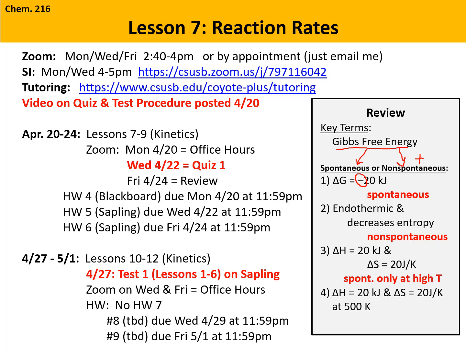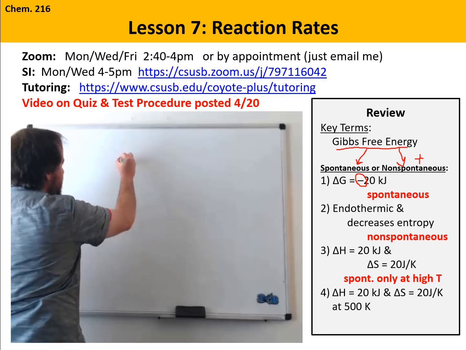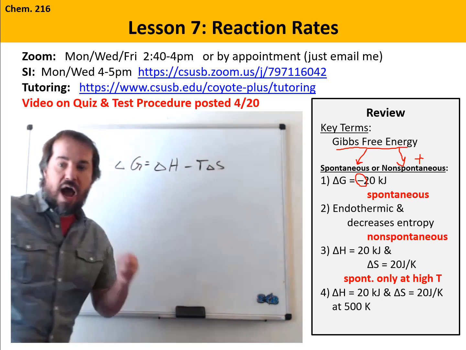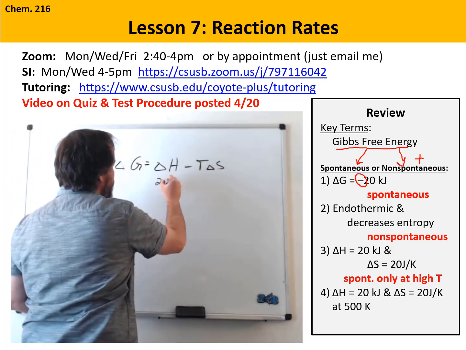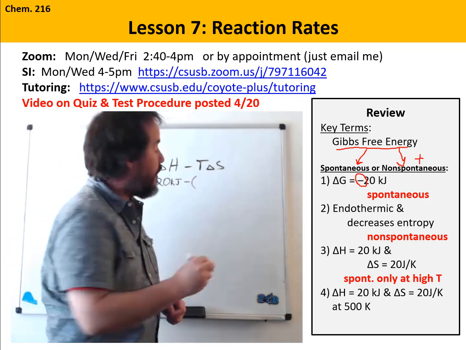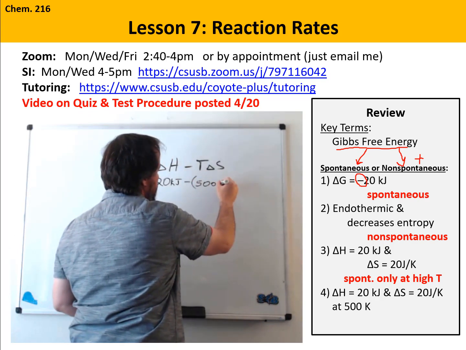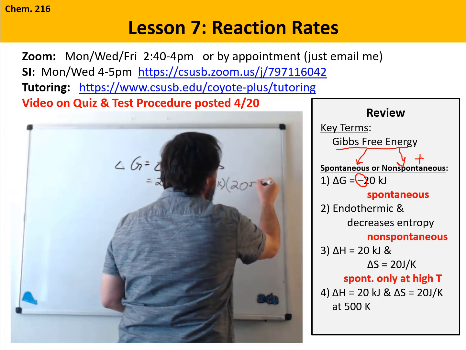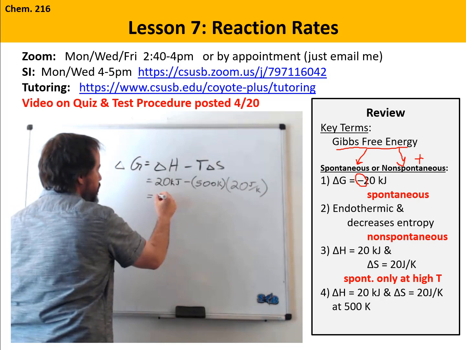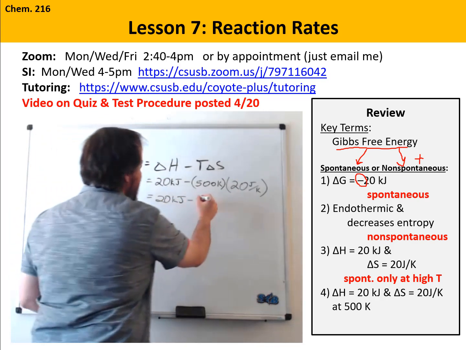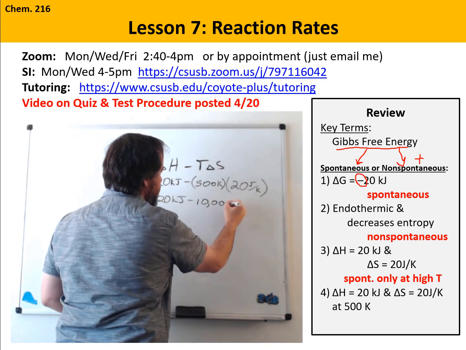All right, the last one is actually a calculation. Let's go ahead and do this one real quick. If I have delta G equals delta H minus T delta S, I tell you that delta H is 20 kilojoules, my temperature is 500 Kelvin, and my delta S, which is the change in entropy, is 20 joules per K. So this is going to get me 20 kilojoules minus 500 times 20, which is 10,000 joules.